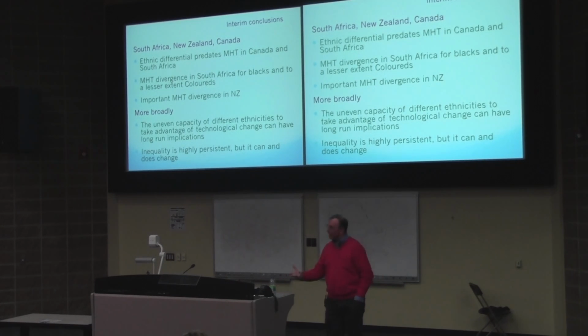So if we see, as we do sometimes, that some big new wave of technology improves everybody's welfare, but you have to have a certain level of income, you have to be connected to take advantage of it, or the first wave of people taking advantage of it are from advantaged groups, then you should expect to see some widening of differentials for a time because of this technological change. So there's some interplay here between technological change and ethnic disparities.